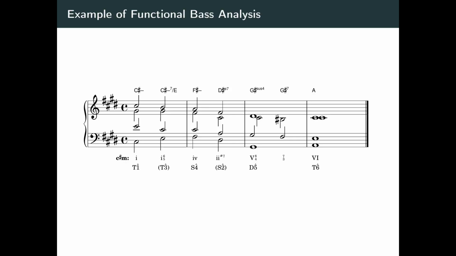In this case, only the first couple of harmonic functions need parentheses around a second chord, revealing that the progression spends exactly one measure in each zone of the phrase model.